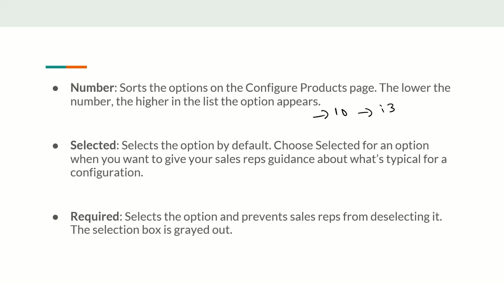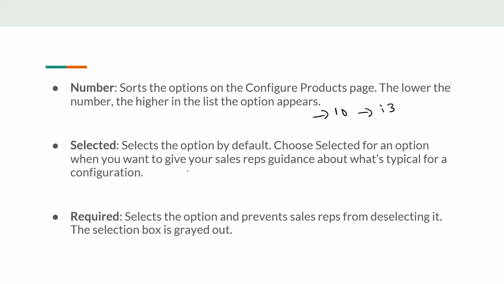Choose selected for an option when you want to give your sales reps guidance about what's typical for a configuration. For example, if we are configuring a laptop, it is mandatory to have a processor in it, right?